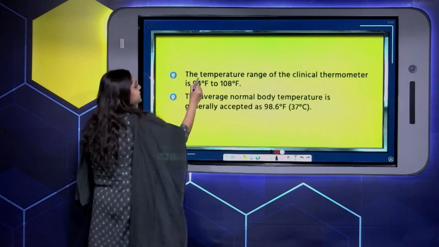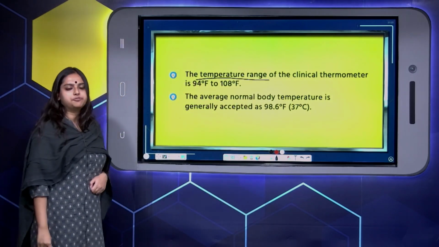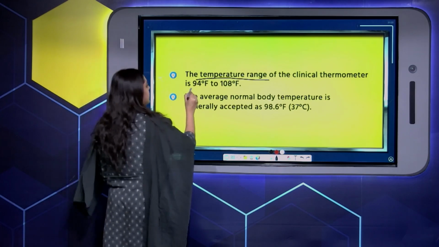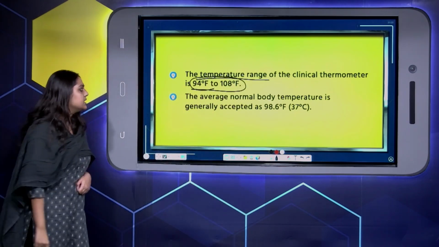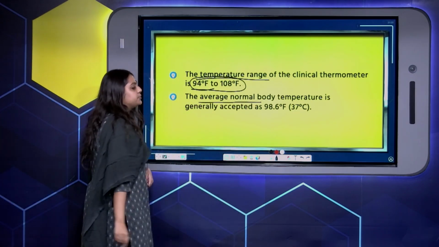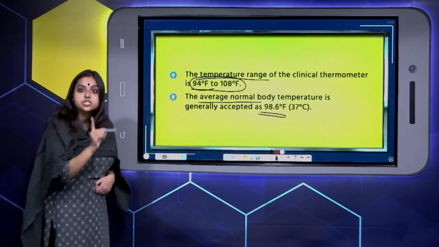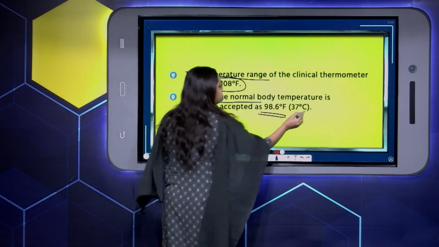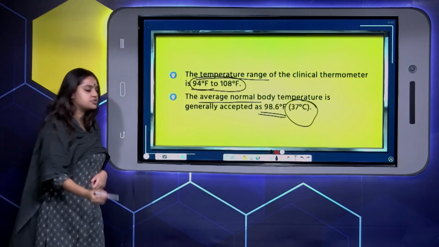Okay. And the temperature range for a clinical thermometer in terms of Fahrenheit is 94 to 108 degree Fahrenheit. And in Fahrenheit, the average normal body temperature is 98.6 degree Fahrenheit, which is equal to 37 degrees centigrade or Celsius.